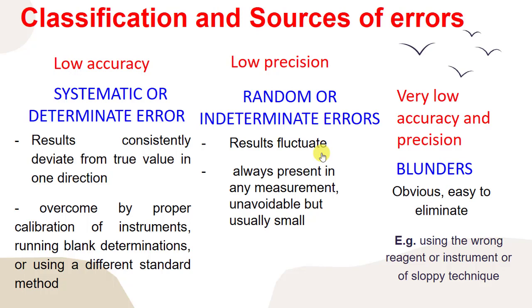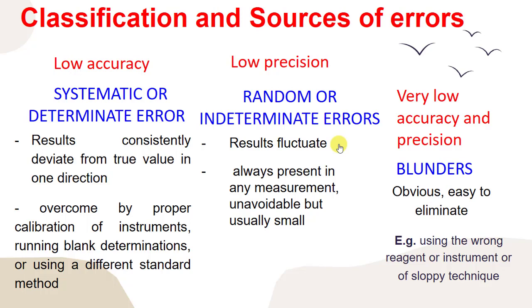They are unavoidable, but fortunately they are usually small, and we can evaluate the random errors by determining the standard deviation. These random errors can be lowered by increasing n, the number of experiments.